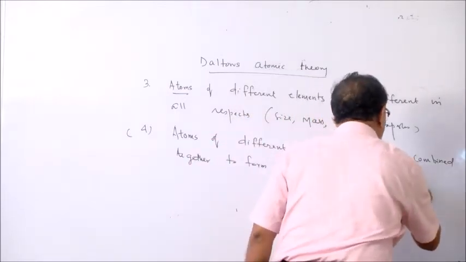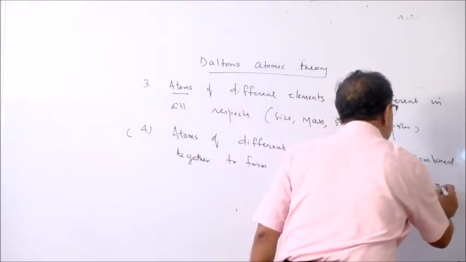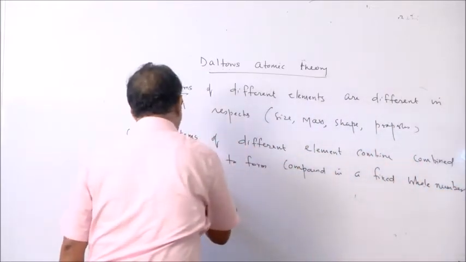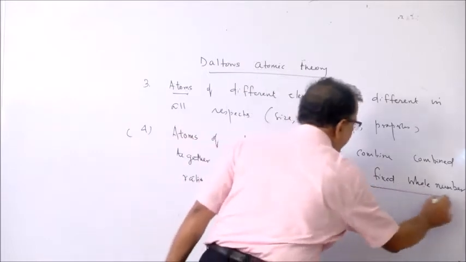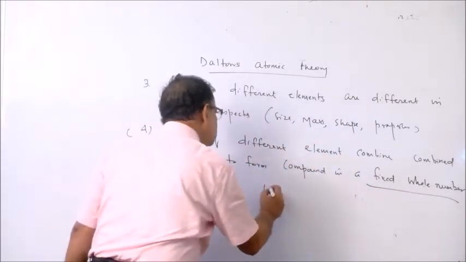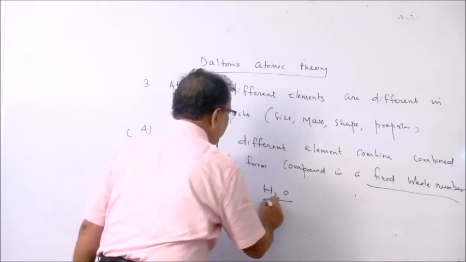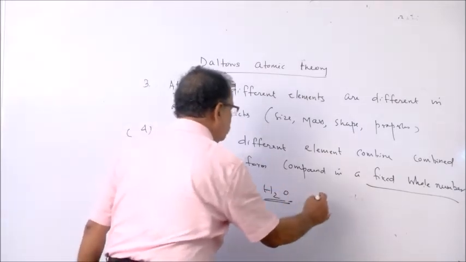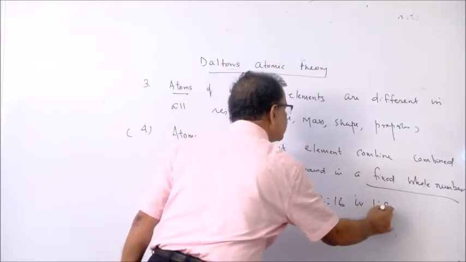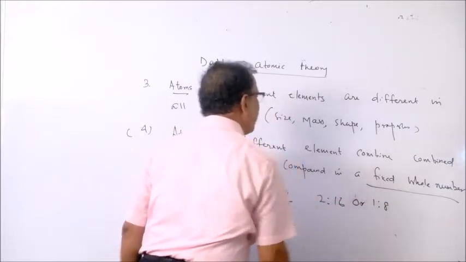This is an important point: a fixed whole number ratio. Suppose water, for example. The ratio combined together in this compound is 2:16, a whole number ratio, or that is 1:8, you may write 1:8.